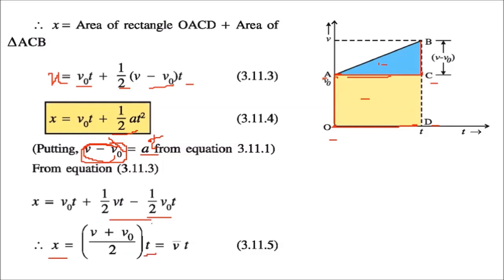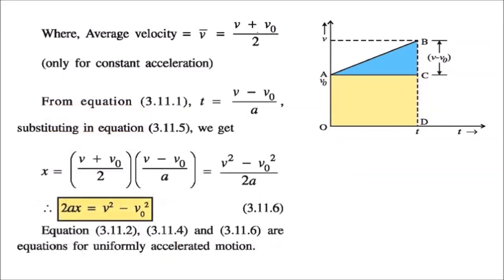We are taking the half as common, and this is the average. An average is always a plus b by 2. In this case a is v, b is v0, so the average velocity is v plus v0 by 2.